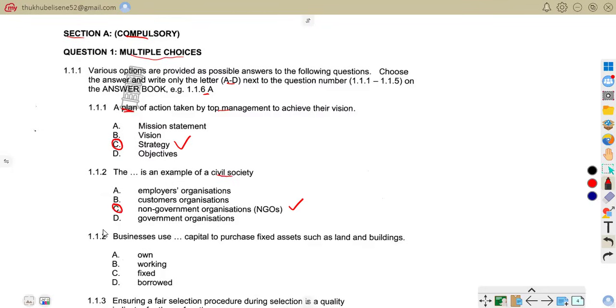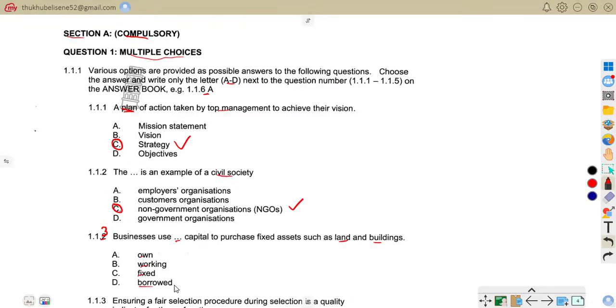So let us move on. 1.1.3. So here they make a mistake. They were supposed to write 1.1.3, not 1.1.2 again. So 1.1.3 says businesses use dash capital to purchase fixed assets such as land and buildings. So we're given four options: own capital, working capital, fixed capital, borrowed capital.